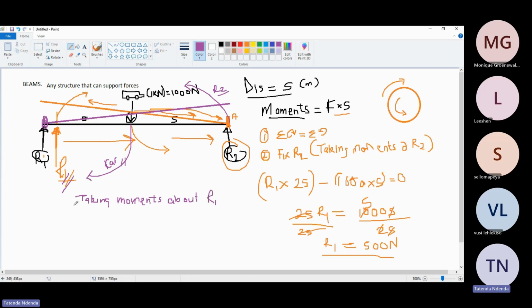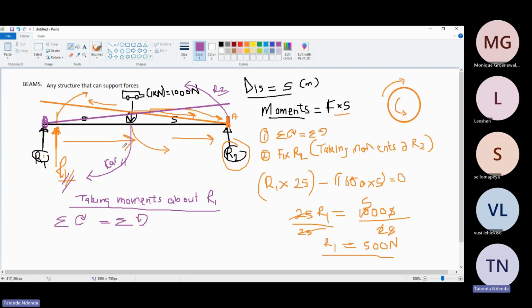When we say taking moments about R1, R1 now becomes our official fulcrum. So now we're going to say the summation of clockwise moments is equivalent to the summation of anti-clockwise moments, like this, right?